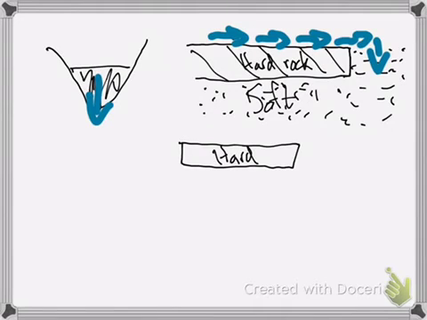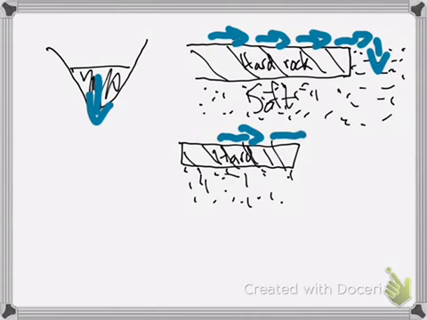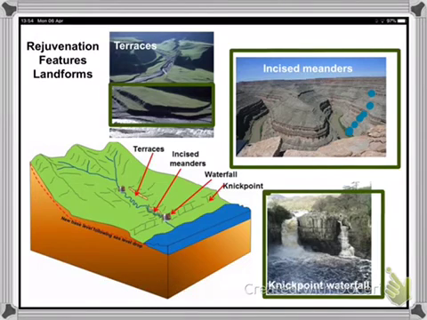That's our hard layer of rock, and we have the soft layer still underneath because that's being protected by the hard layer at the top. But now we have our water flowing, and it has eroded, and it causes a waterfall. So that is the last point on this slide.